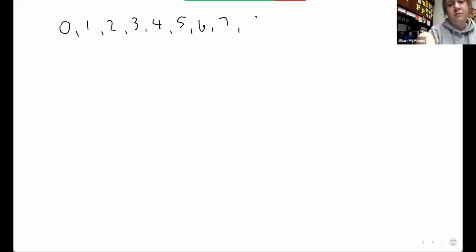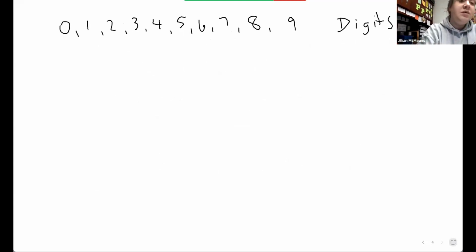Okay, if you look at these values right here, these are called digits. So any number that we have is written out and it's composed of different digits.